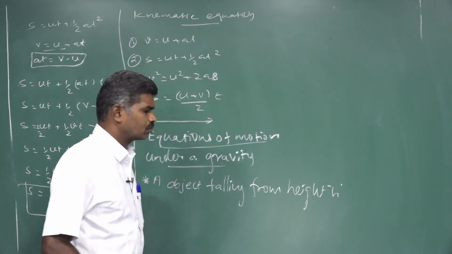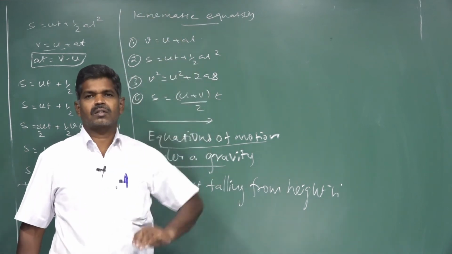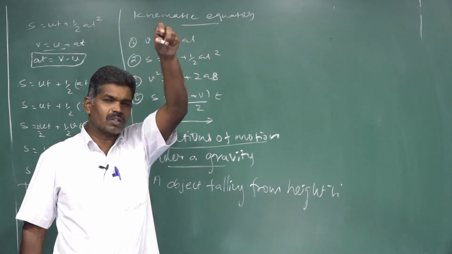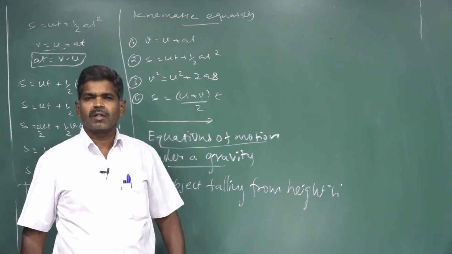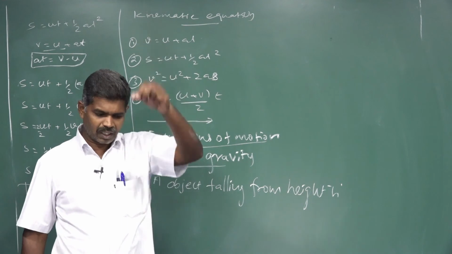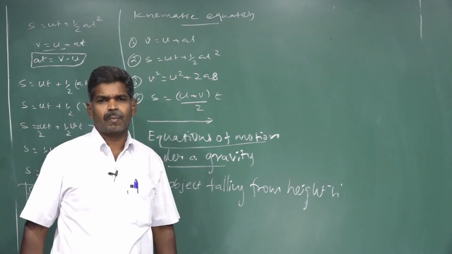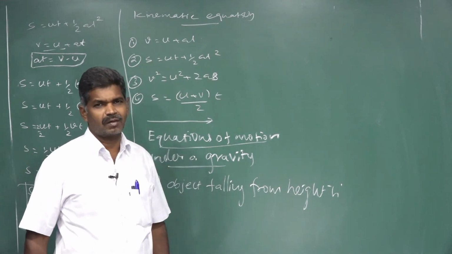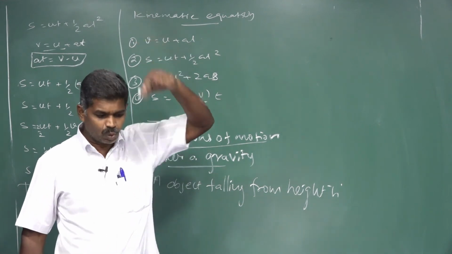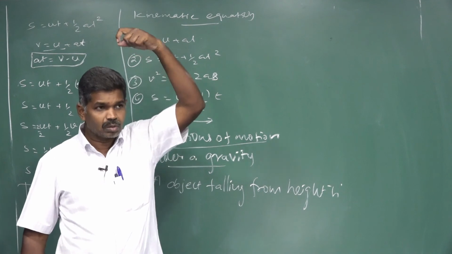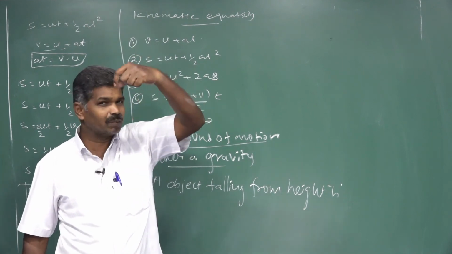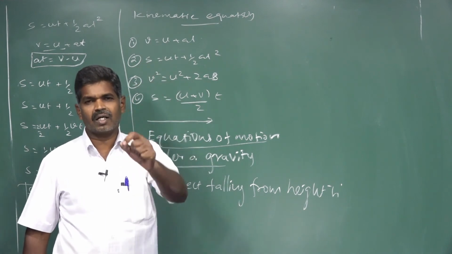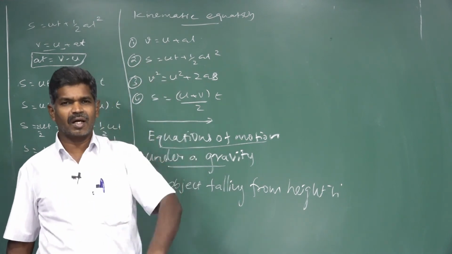You are standing on a building terrace. If you leave an object, a stone, it will directly move towards the ground surface, moving only under gravity. Otherwise, if you throw a particle with some initial velocity in the downward direction, that is also motion under gravity.